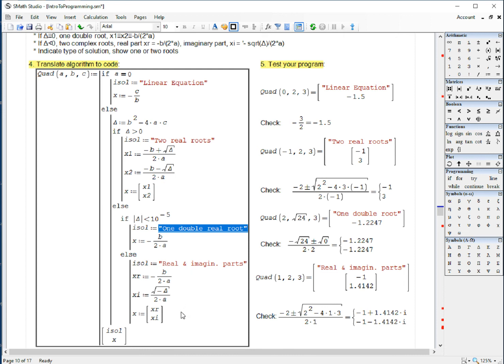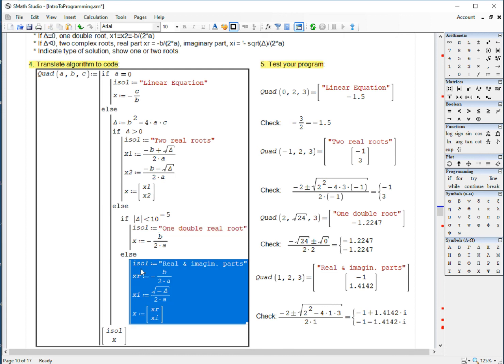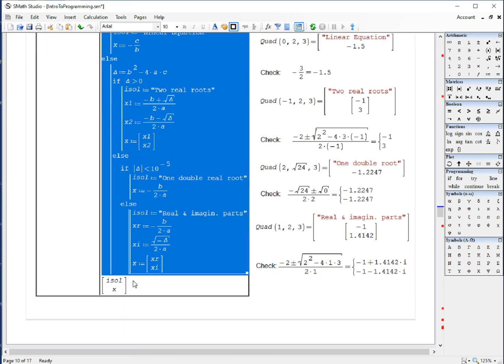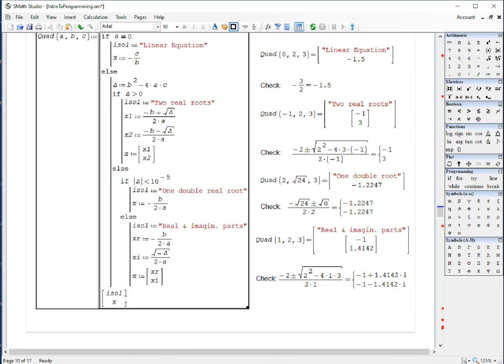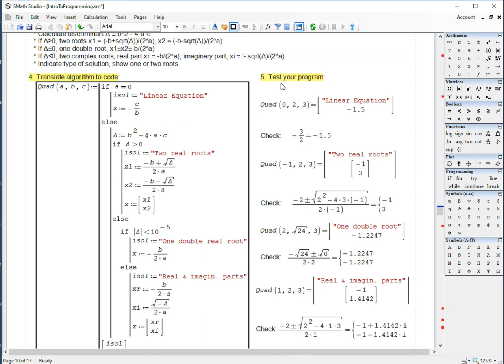And so once I've gone through the whole process here, to this big if, I provide as a result a vector in which the first element is the type of solution found, and the second element is either one single value or a vector representing my solutions. So to check, that's the fifth step, check our program.